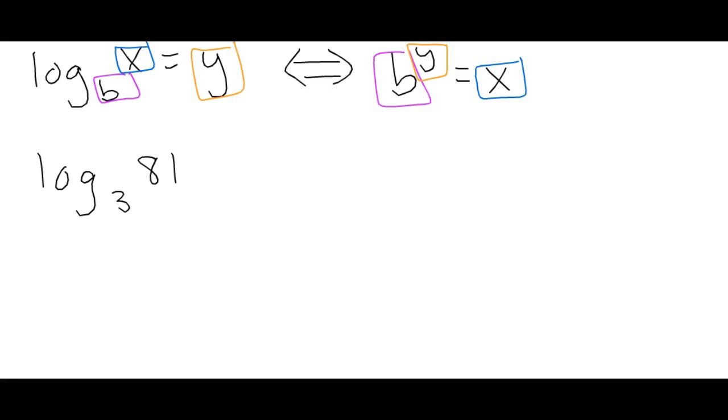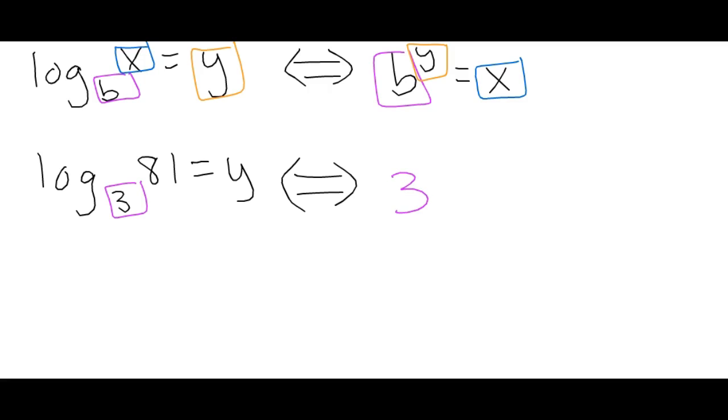So for the logarithm, if we had log base 3 of 81, we're trying to figure out this y. To do that, it's easiest to rewrite it in this exponential format and think of it as, what is this exponent going to be? So 3 is our base. That's what we start with in our exponential format.